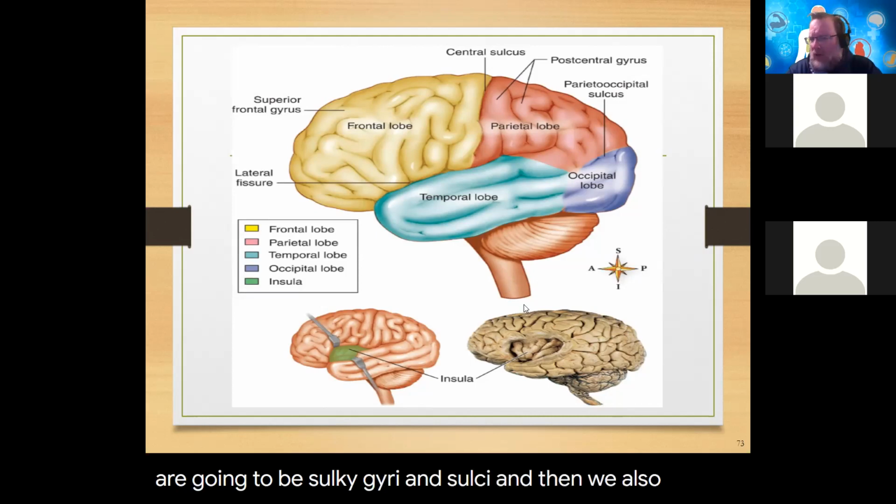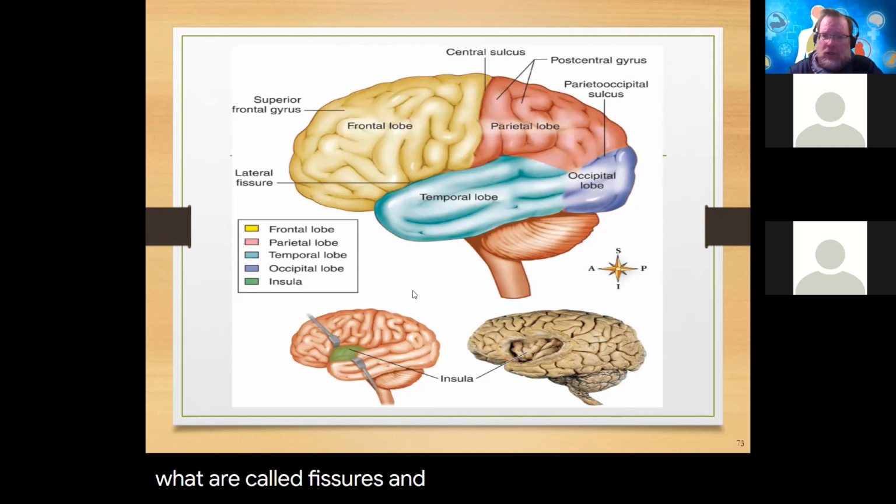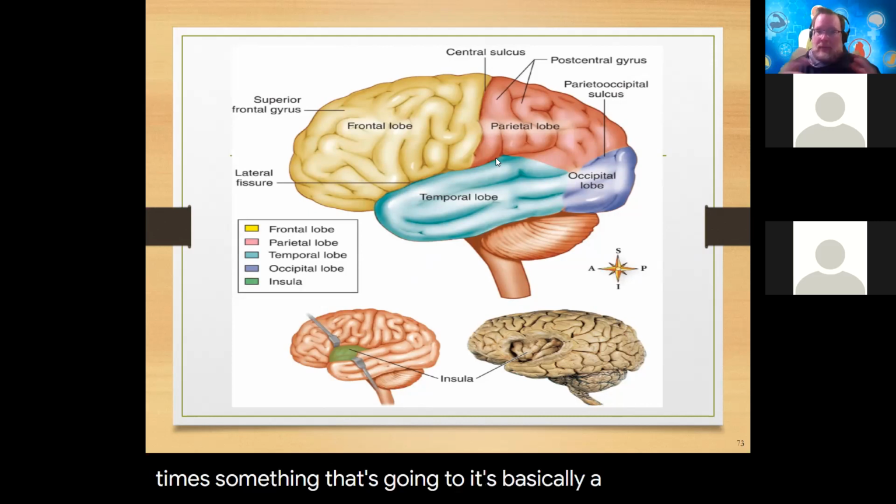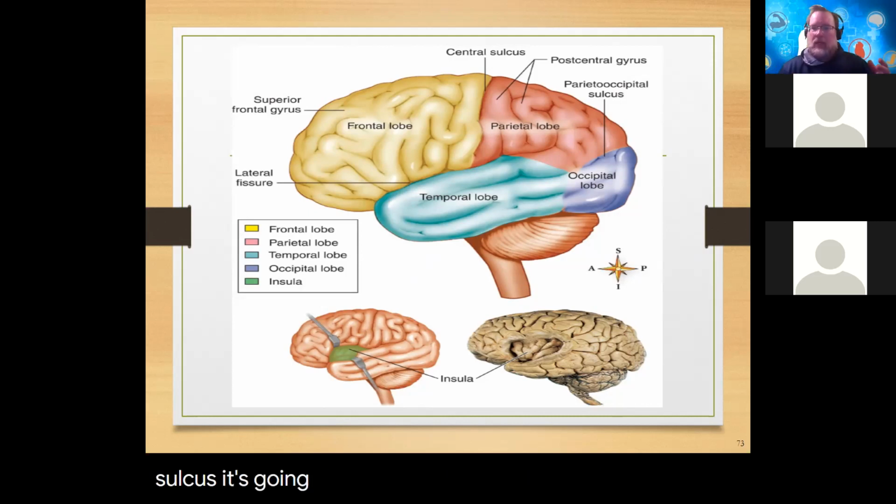And then we also have what are called fissures, and a fissure is basically a deeper sulcus. It's a distinct fissure, a kind of crevice that separates or distinguishes different lobes of the brain. The main fissure that we see is this lateral fissure.